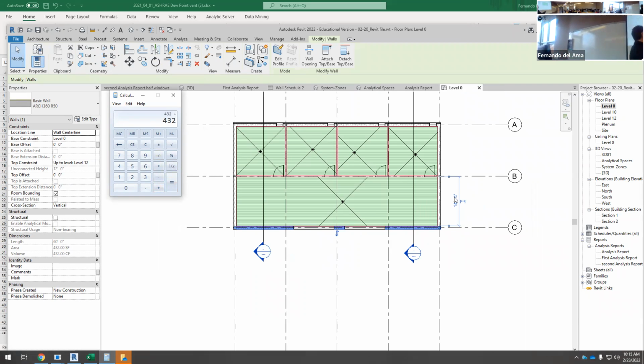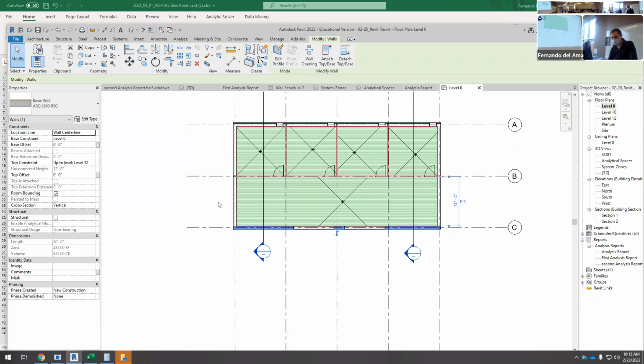So we have only this wall, this half, and this half. Okay, so what's the area of this wall? The area of this wall is 372, but it's only half. And here we have another half. So the total area of the lobby is this wall plus this and this.